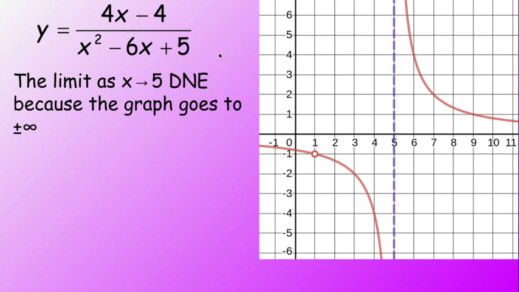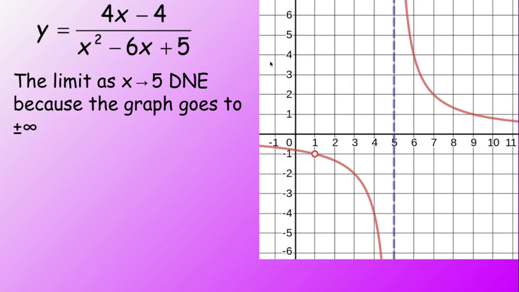So if we were asked about limits, we could say the limit as x goes to 5 doesn't exist, because looking at the graph, we see that the graph goes to plus or minus infinity, which is not a number. Even if both sides went to positive infinity, infinity is not an answer. So whenever the graph does that, if you have a vertical asymptote, the limit will not exist.